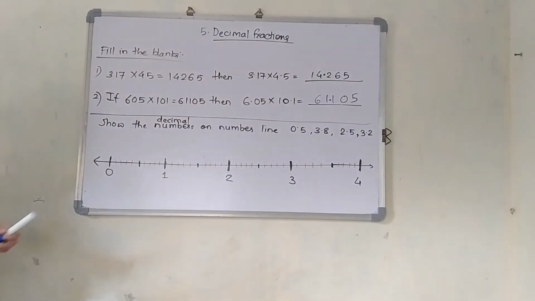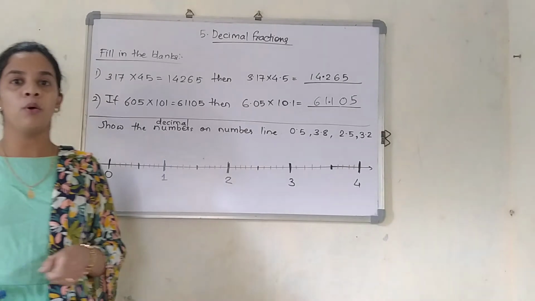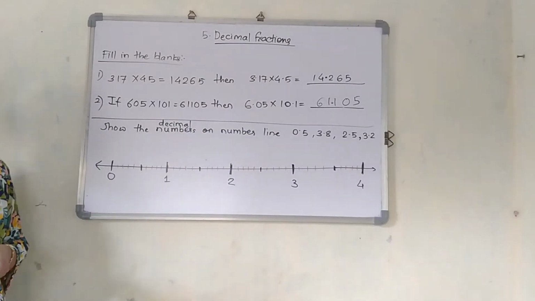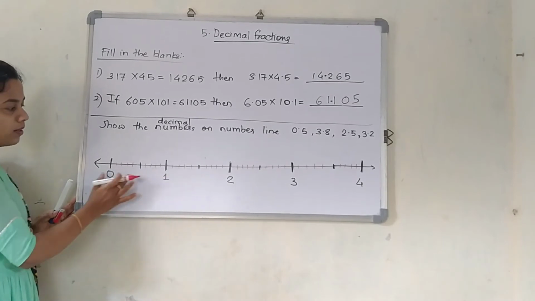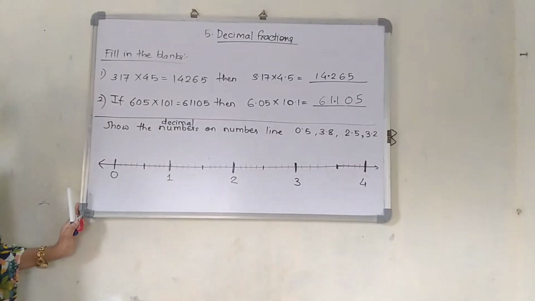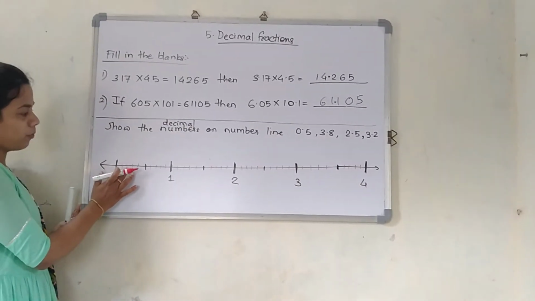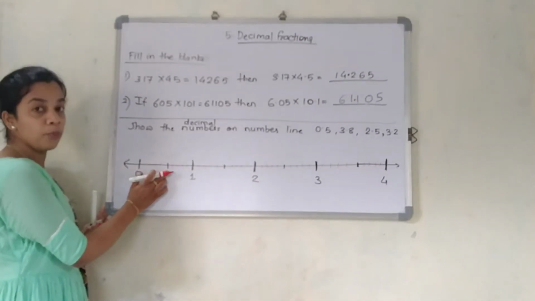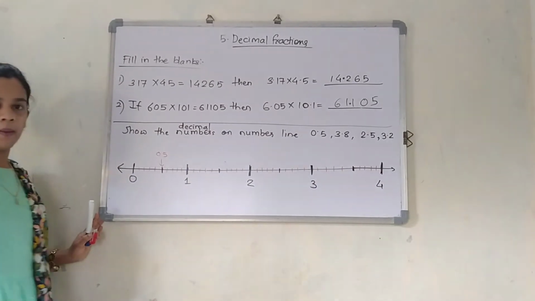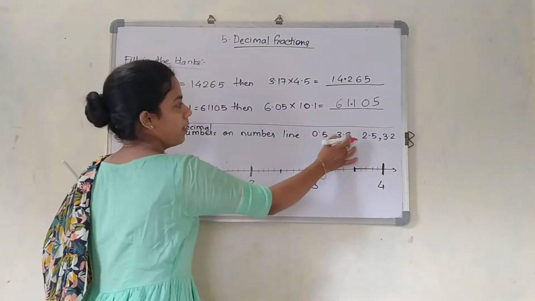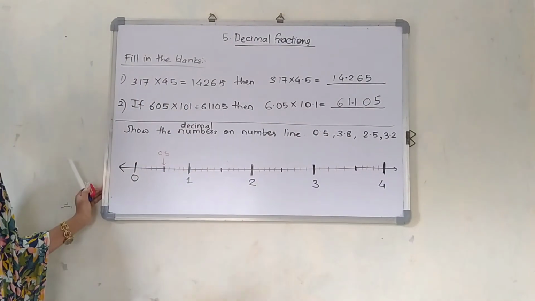See over here. The first number they have told us to find is 0.5. How are we going to write 0.5? Just count from here. You can see 0 and 1. The middle number will be 0.5. 0.1, 0.2, 0.3, 0.4, 0.5. So this is it, 0.5. The next number is 3.8. So obviously it will be somewhere near 3.